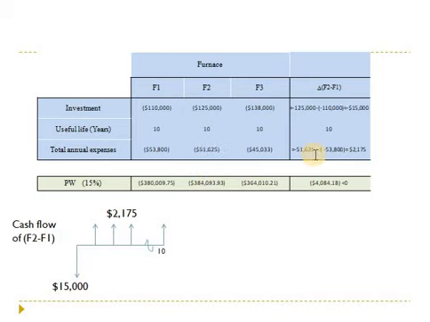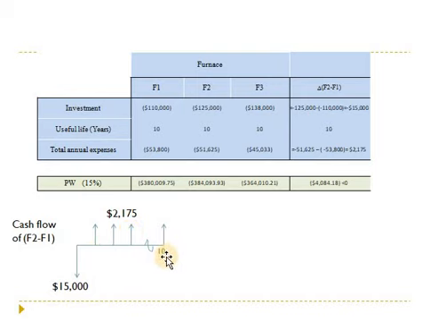So when I subtract these values, minus 51,625 minus 53,800, I will have a positive value, which is 2,175. So you'll have to consider that as if this is a new cash flow diagram. If I draw it, you will see that we have minus 15,000 as investment, and we have an annuity of 2,175, and it's lasting for 10 years.